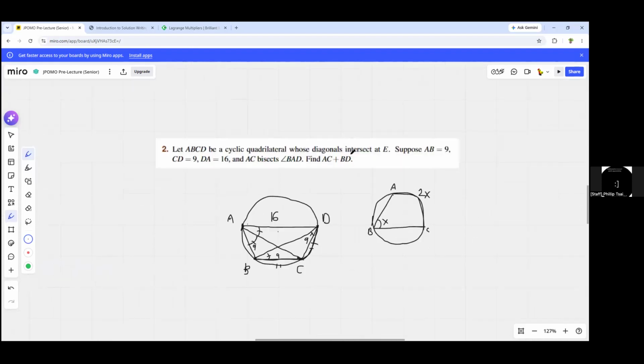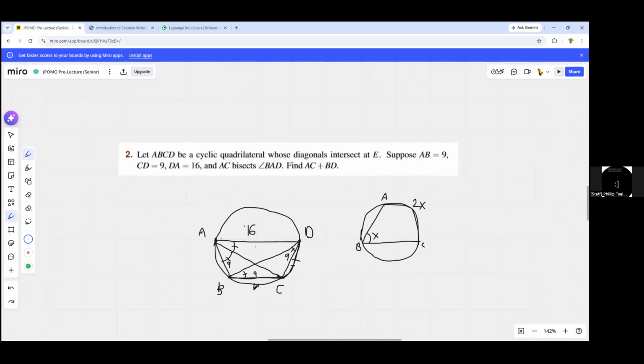Now we still need to find AC plus BD, right? How do we use this information to find AC and BD?